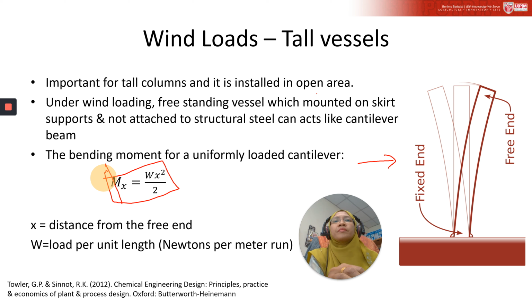So basically, for tall columns, the bending stress due to the wind loading will often be greater than the direct stress due to pressure, and this will determine the plate thickness needed.